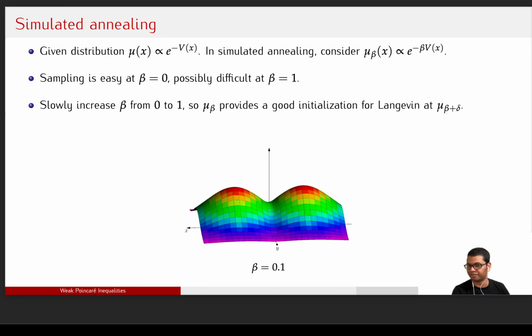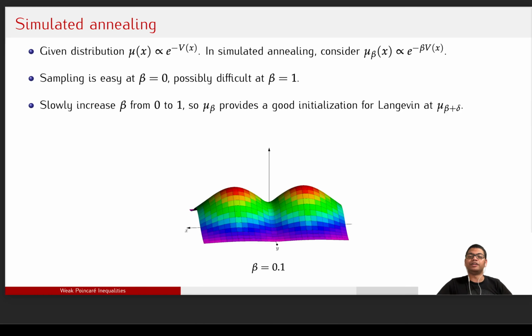The hope is, even if it's hard to sample from some mu beta from a worst case initialization, maybe if you were initialized at a slightly smaller value of beta, you can sample. So just to give an illustrative example, here's the depiction of what a certain bimodal distribution looks like when beta is equal to 0.1. And here, the two modes are fairly well connected. So you could hope that running the Markov chain does indeed sample from this distribution, even from a worst case initialization.